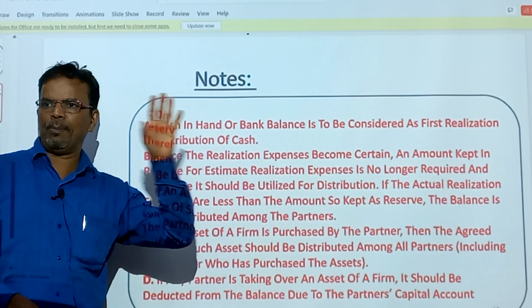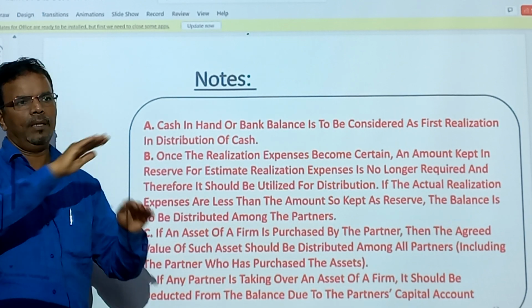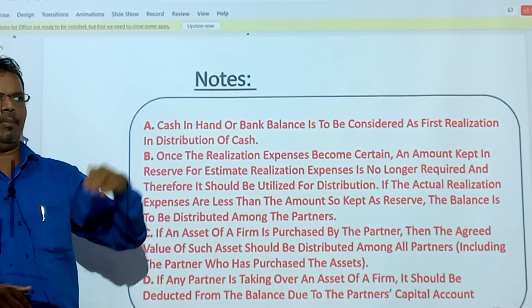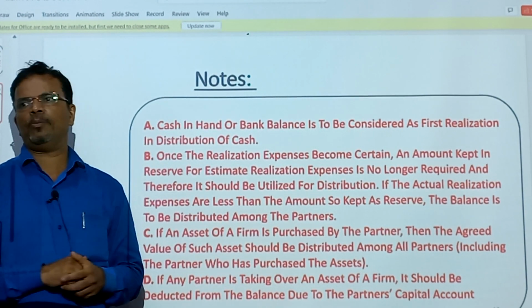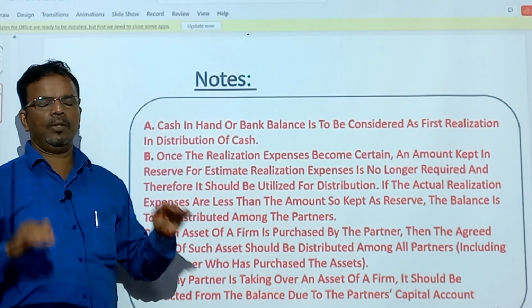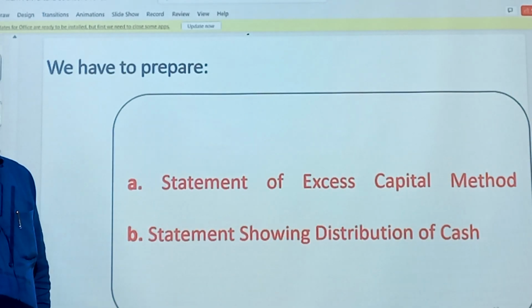That partner will pay that amount to the firm, and that amount should be divided among the 3 partners. Similarly, if any liability is taken by any partner, that should be subtracted from their capital. So these are the certain assumptions we have to make while doing the piecemeal distribution of cash.